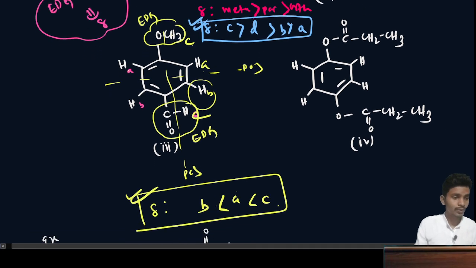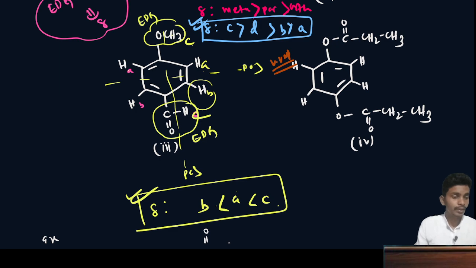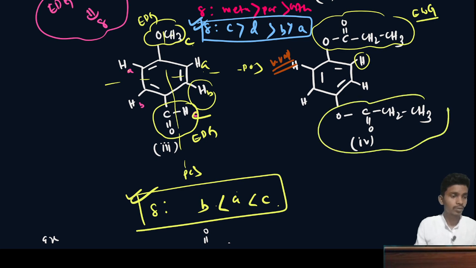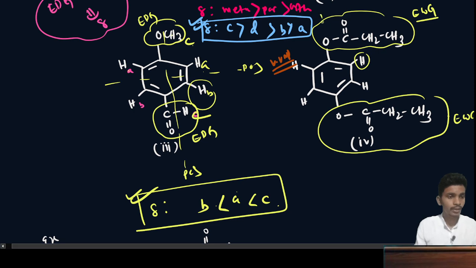Similarly, for these questions, this is a very important question. Here what you see is that this is an electron withdrawing group. This is also an electron withdrawing group. And here also you see that a plane of symmetry is there, POS is present.